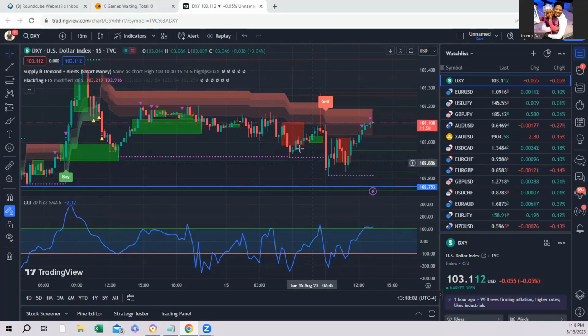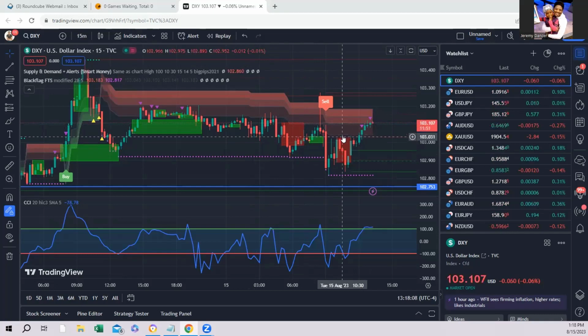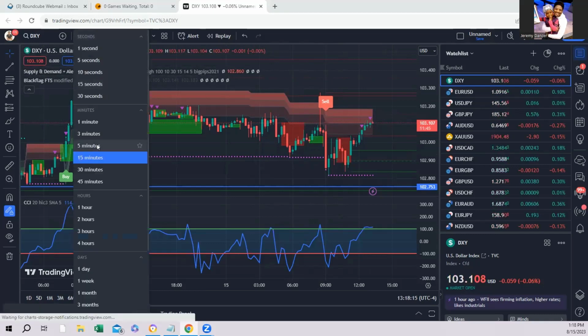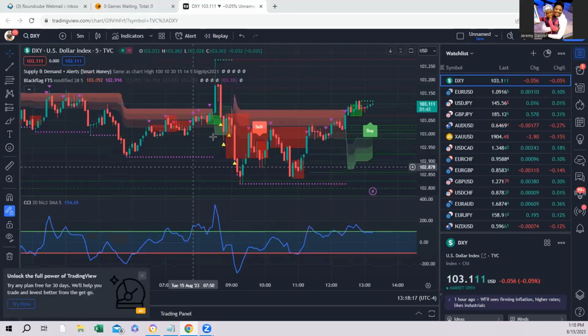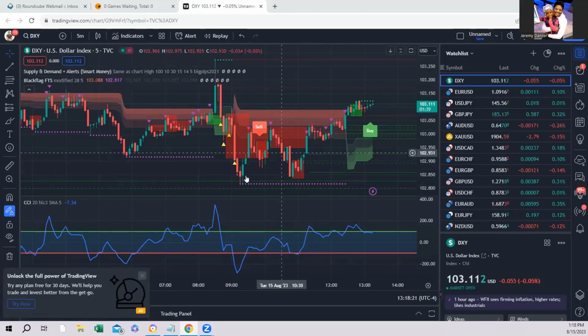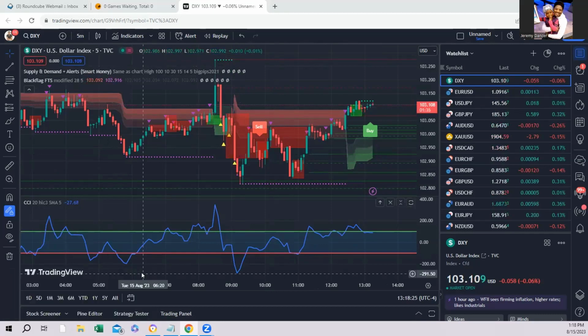And then you can see, okay, I need to be taking profit here, I need to be taking profit here, or I need to be adjusting my stop loss. And if you're scalping, I recommend using the 5-minute time frame. When it says sell, sell, when it says buy, buy, and you can do that all day long if that's how you like to do things.